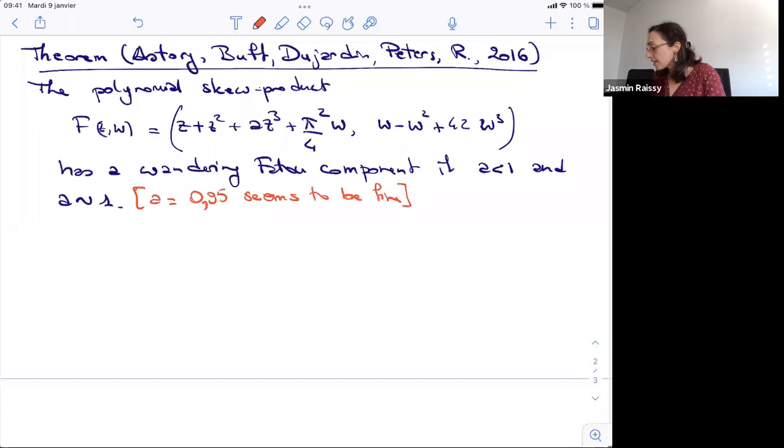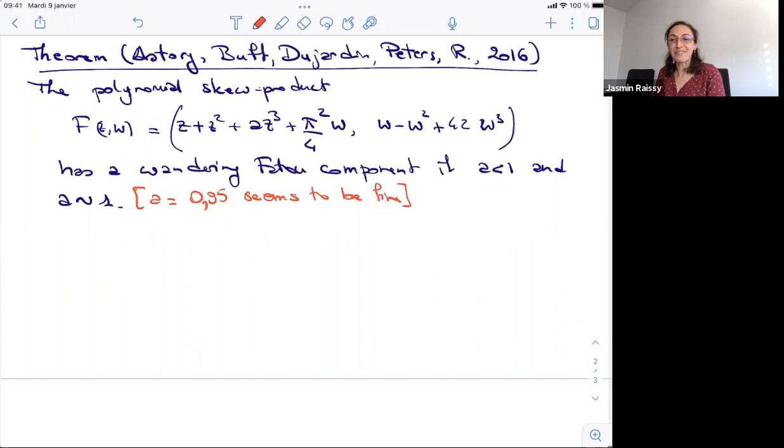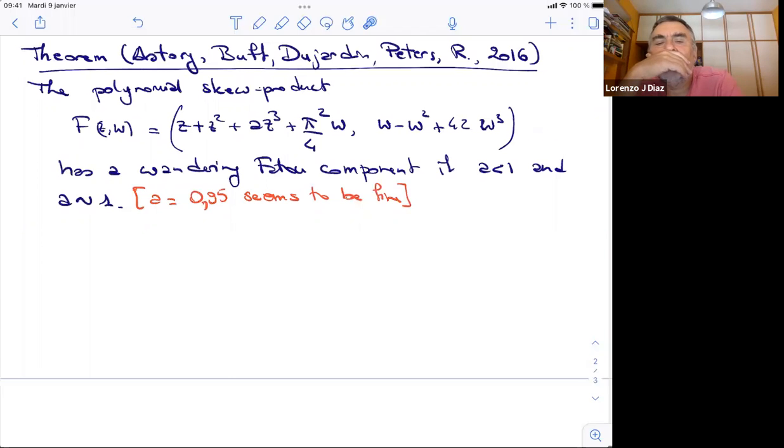Sorry, but this number a is completely independent of the coefficient of w cubed? Yes, that's a very good point. And actually, in here, I don't care at all about this. If I wanted to put a map in here, you have a family of maps, you can put in here whatever you want.